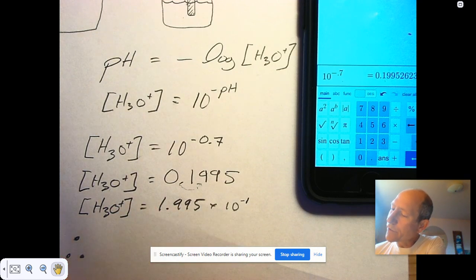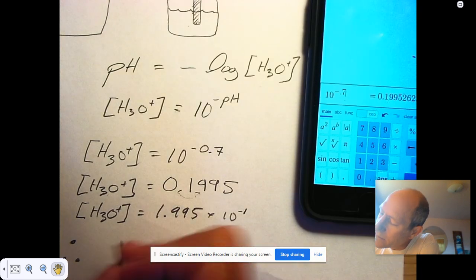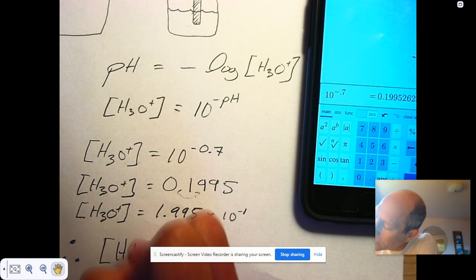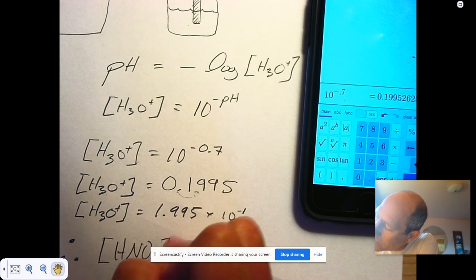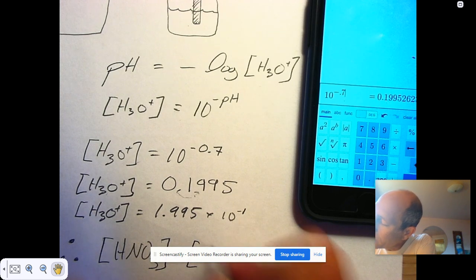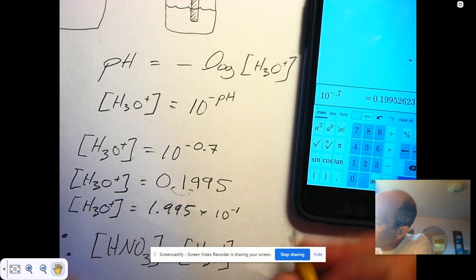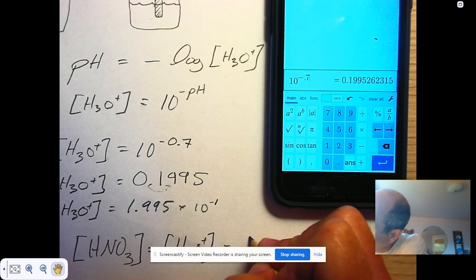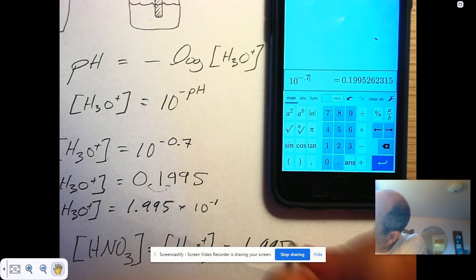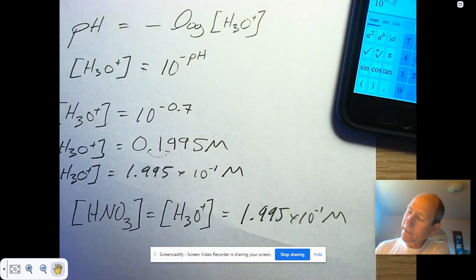Therefore, the concentration of this nitric acid right here is equal to the concentration of hydronium, which is equal to 1.995 times 10 to the negative 1 molar. Yeah, that's molar right there.